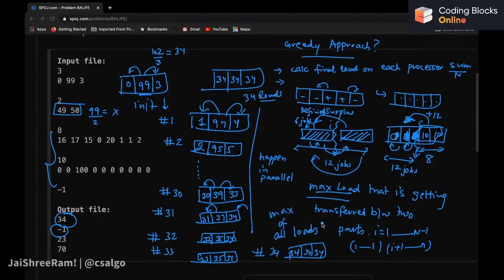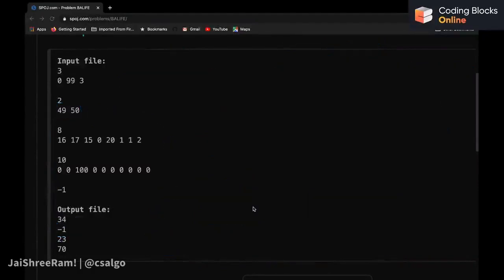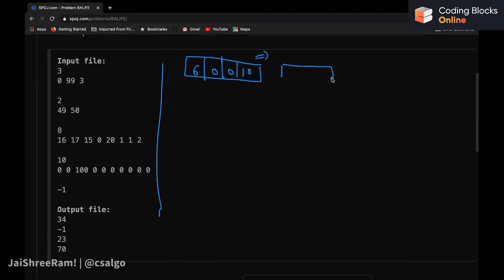So let me give you more examples to make this thing clear. Okay, so let us see, we have an array where we have this as our input. So finally we know the final state would be like this, 4 4 4 4, and now let's see what will happen in each round.